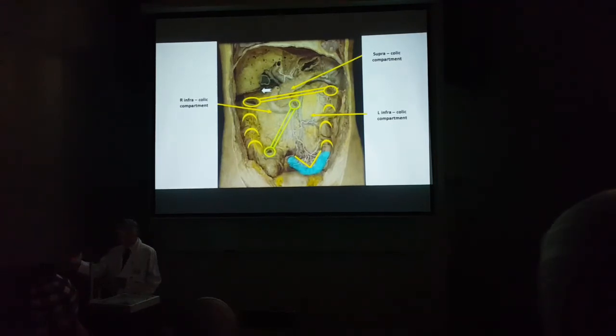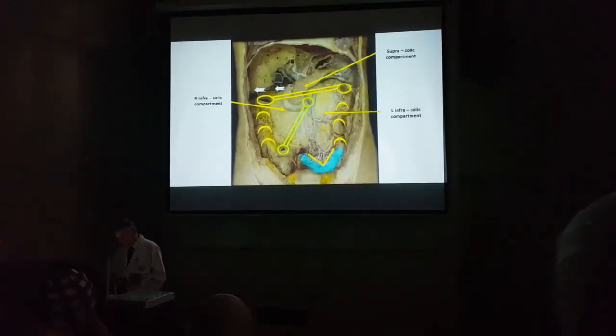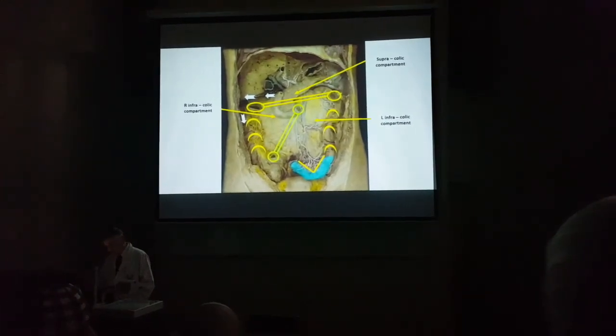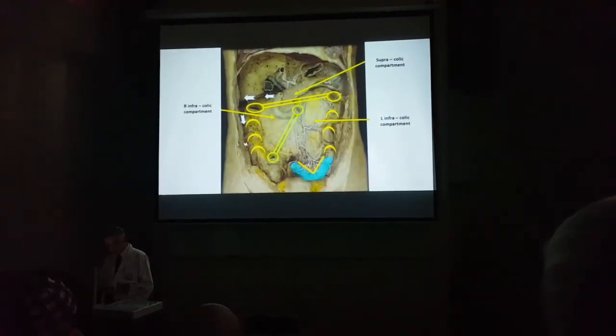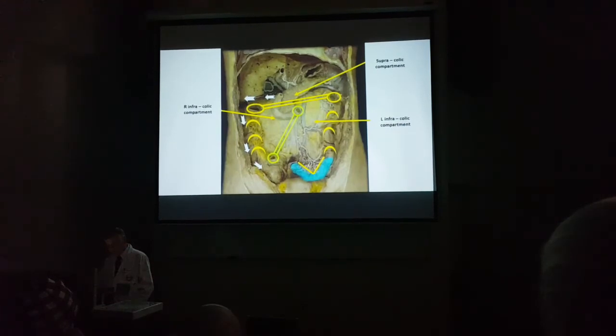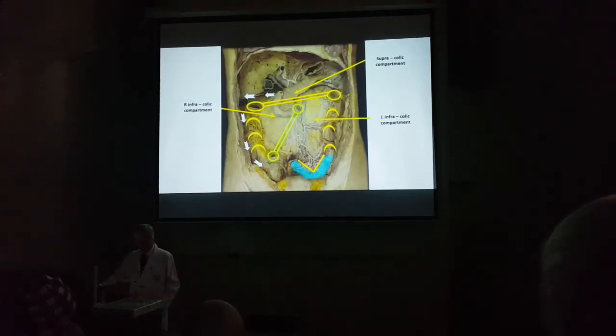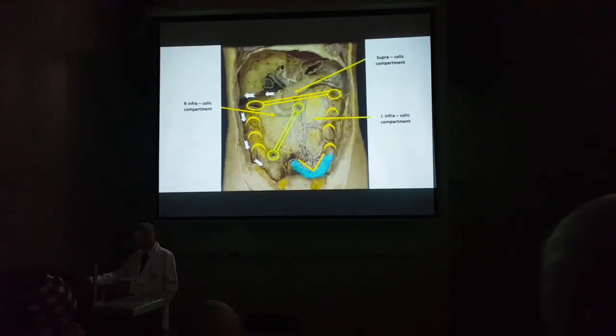It cannot go down. So the fluid will go to the right and then pass through the right paracolic gutter, and ends up in the pelvis. And we like that. We can drain this fluid. We like that.